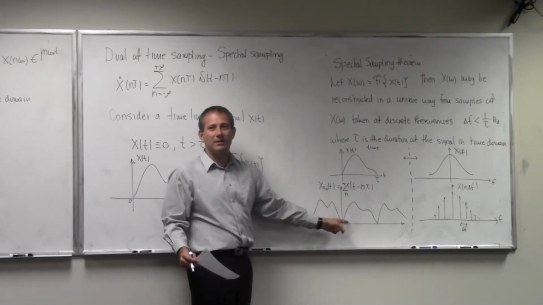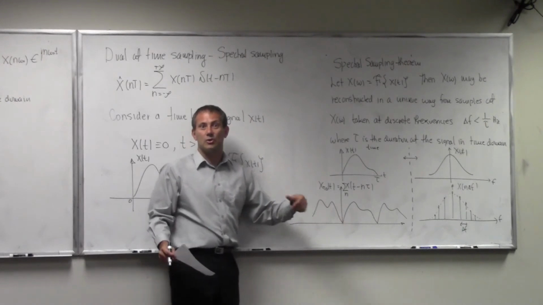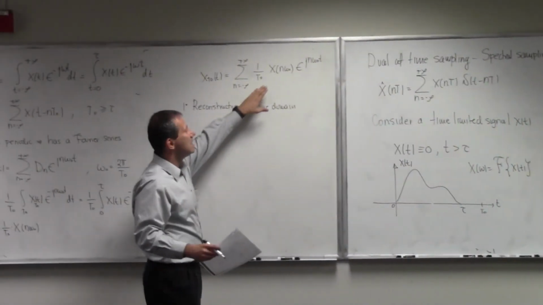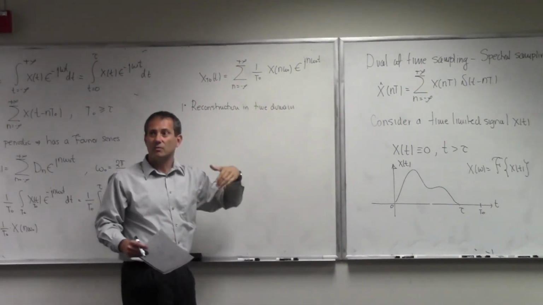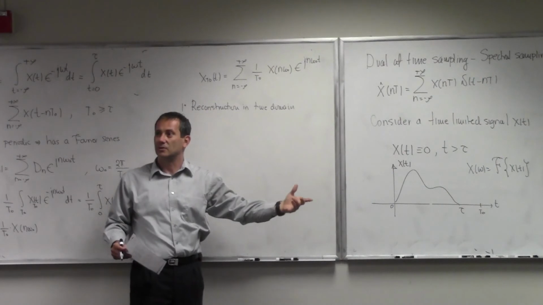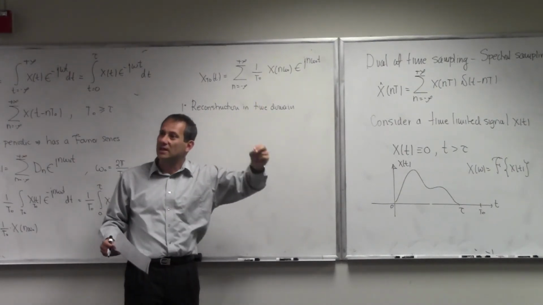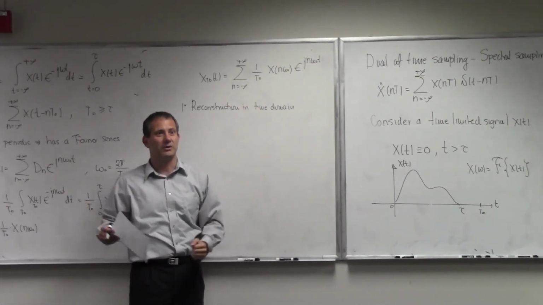Here, I'm going to multiply with a rectangular pulse in the time domain. So to reconstruct the signal from its samples in the frequency domain, I just have to pick one of the periods, because sampling in the frequency domain did the periodic extension in the time domain, so all I need to do is box one of the periods.